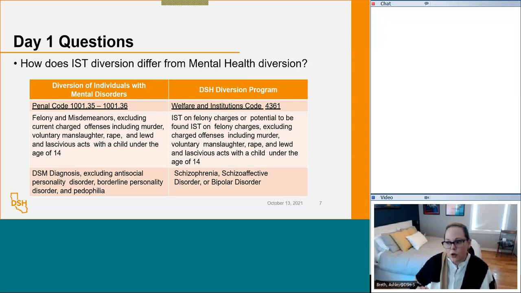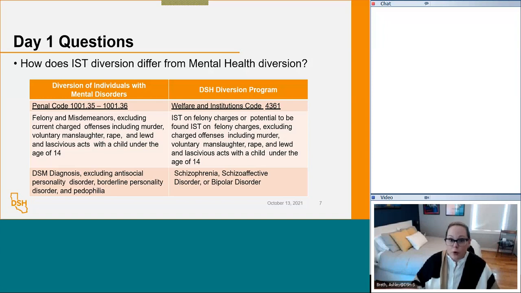So the penal code 1001.36 is kind of what we at DSH refer to as the big bubble, the umbrella legal infrastructure for mental health diversion. We hear a lot of counties refer to this as track 1 diversion. And then our DSH diversion program is a Welfare and Institutions Code 4361 program.